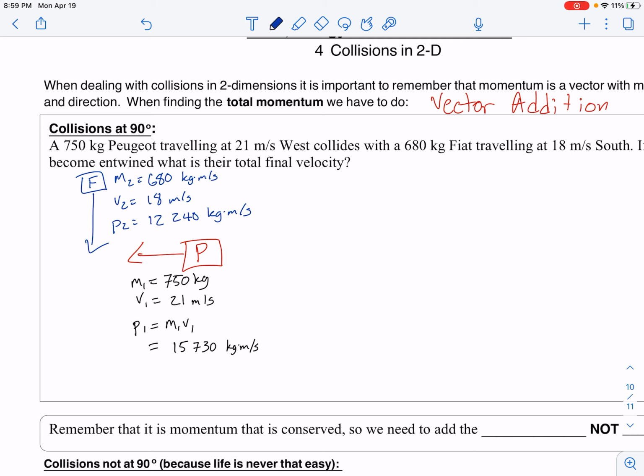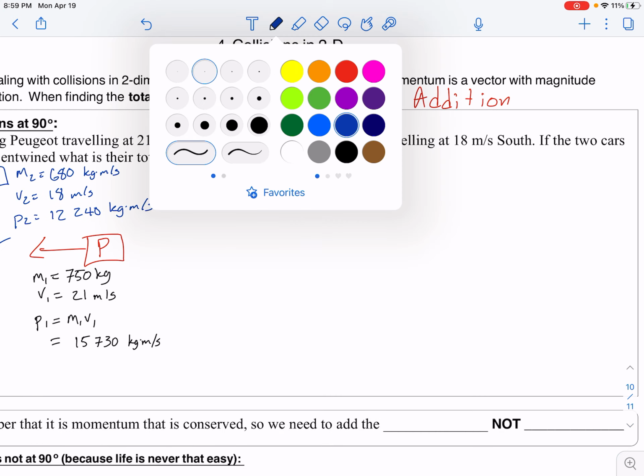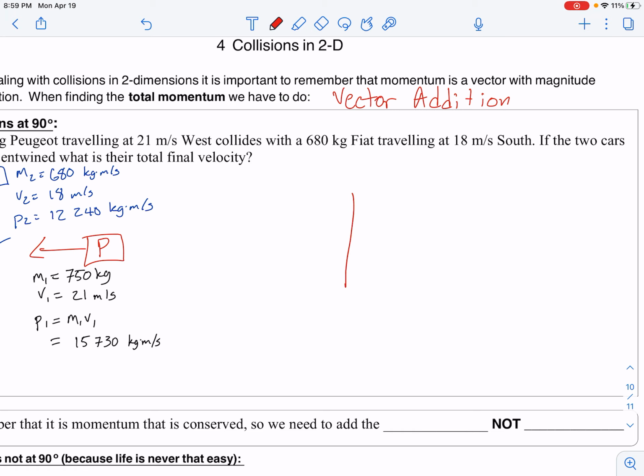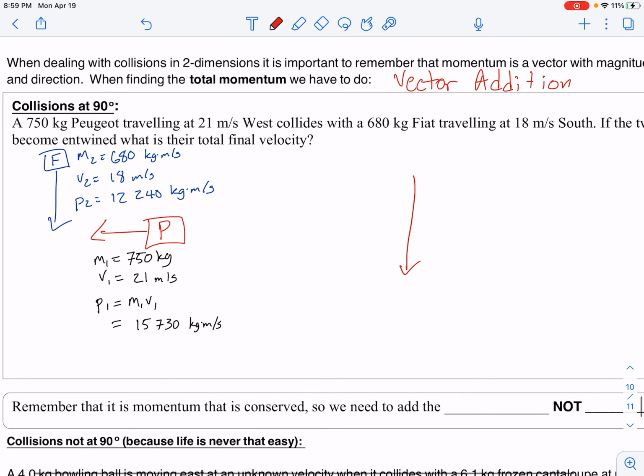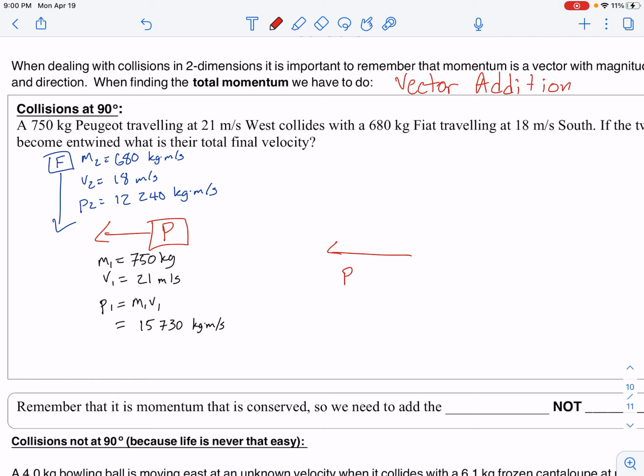And we want to look at, okay, what's happening during this collision. So let's simplify this a little bit. So we have the motion of our Peugeot, and we also have the motion of our Fiat.